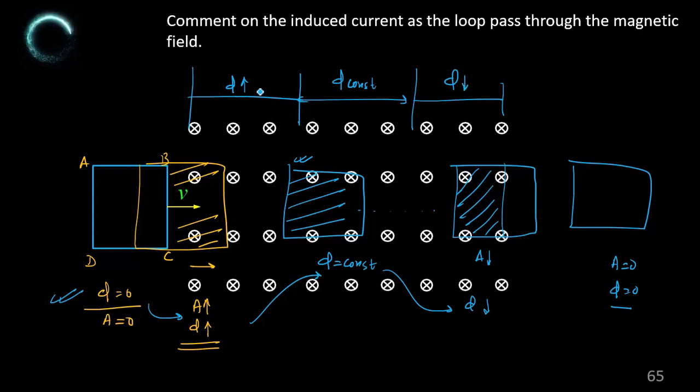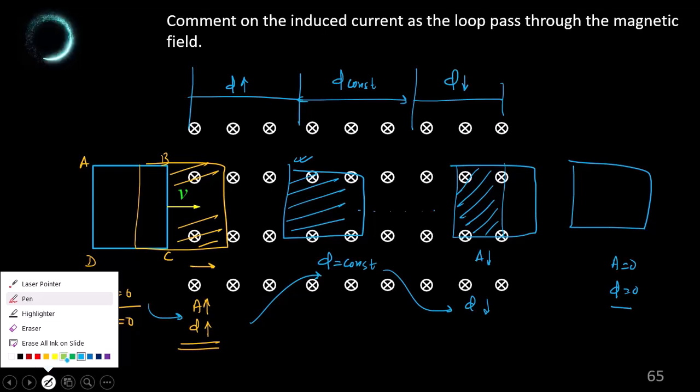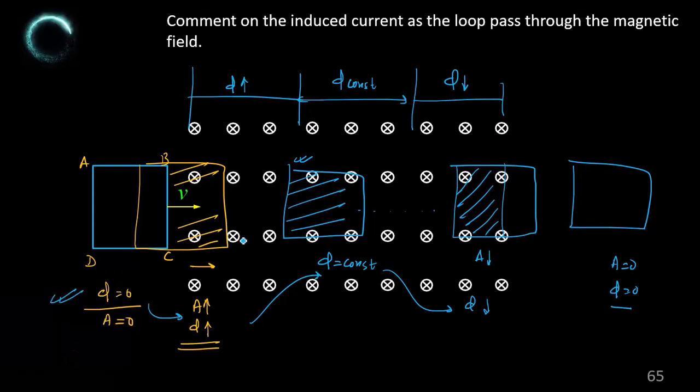Whenever the flux is increasing, can I say that the increase is in the cross magnetic field? As the loop enters the magnetic field, the cross magnetic field is going to increase. So the opposing effect should be decreasing cross, that is increasing dot.